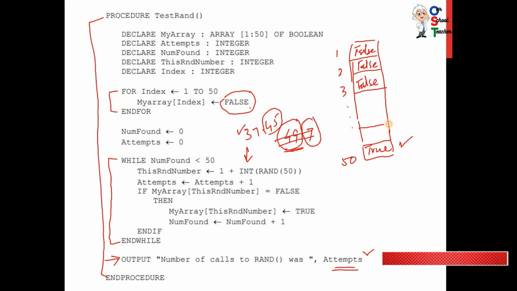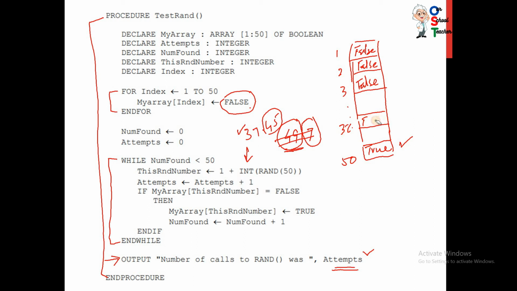So here, for example, this is false at present. The 38 number will be stored here. So this 38, it checks if my array 38 is equal to false, which is still false, then my array, this number, it will become true.